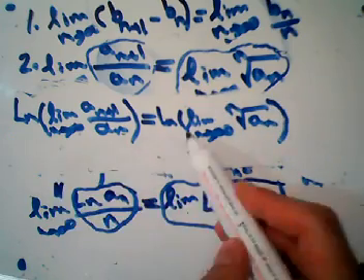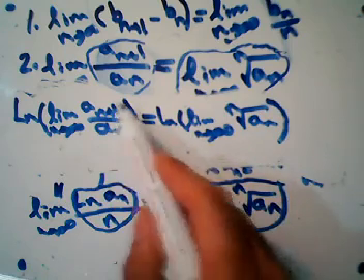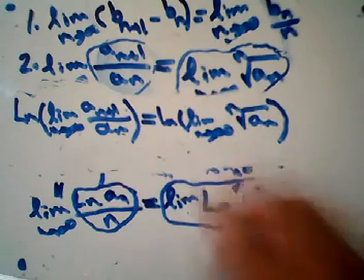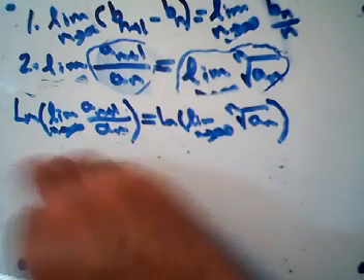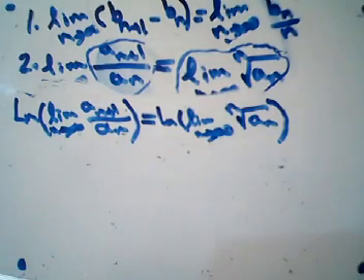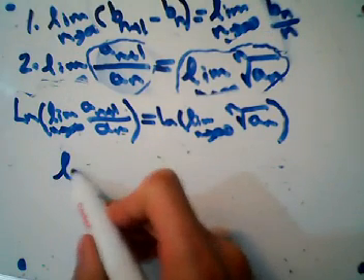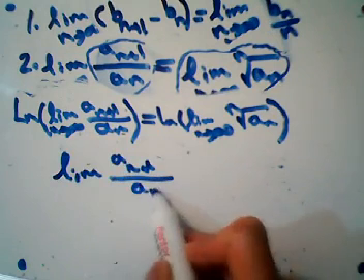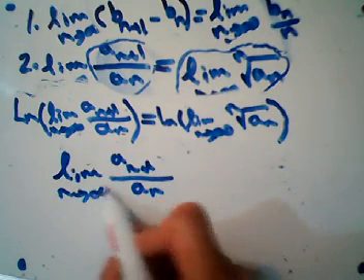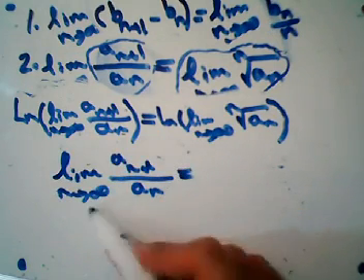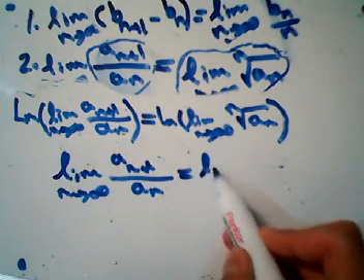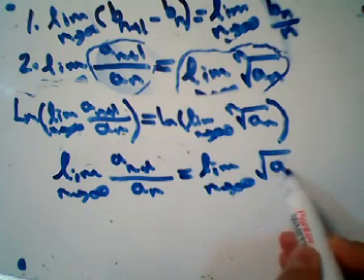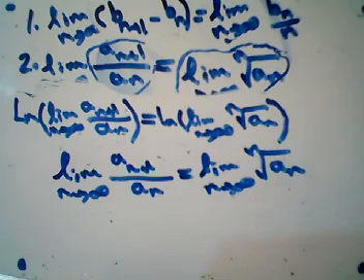So we have two ln's equal, so these two expressions should be equal, and this is just the second theorem, which means that the limit of a_(n+1) over a_n as n goes to infinity equals this one. Okay, that's it.